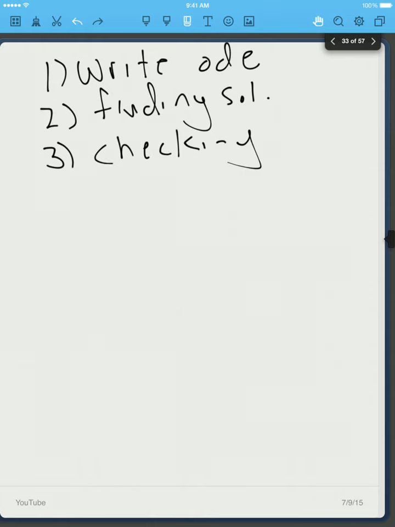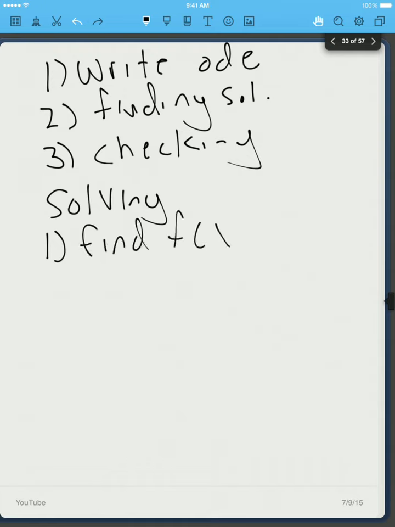So there's really two ways we go about solving ODEs. So there's the analytic, which is find f of x, using our previous notation. Or you can find f of x numerically.